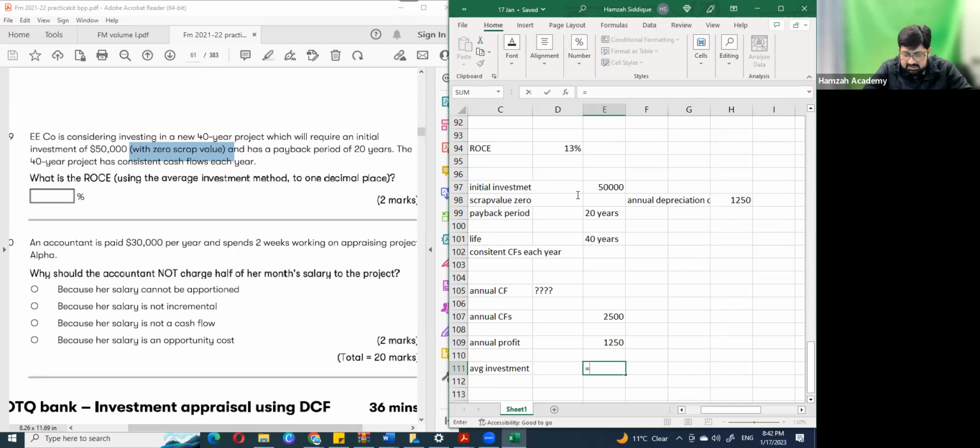What is your initial investment, plus scrap value 0, divided by 2. Because they say on average investment, to 1 decimal place. ROS is average annual profit divided by average investment.